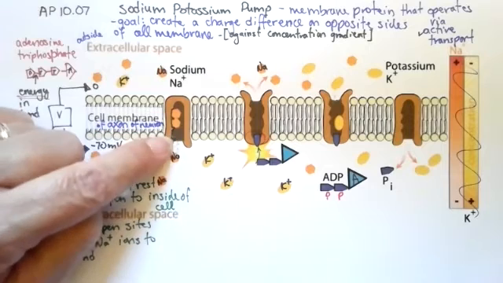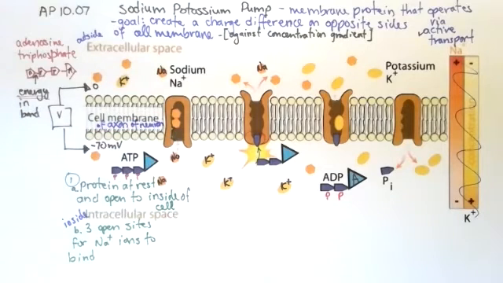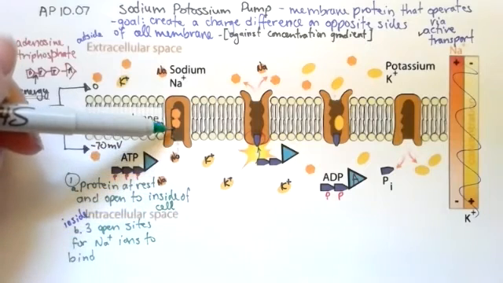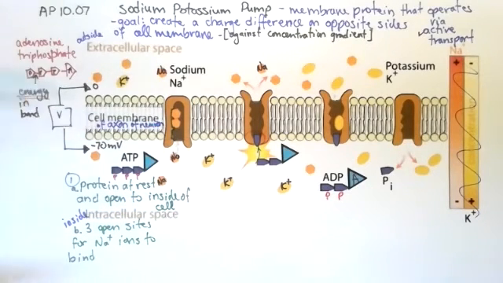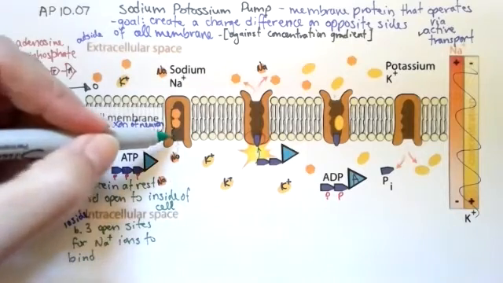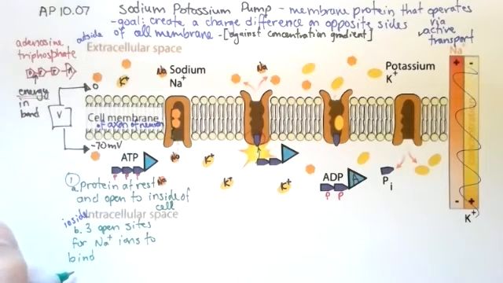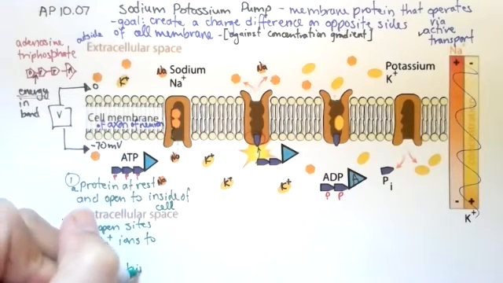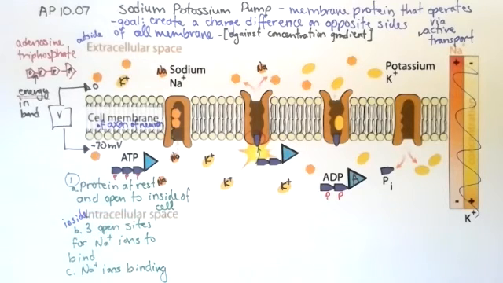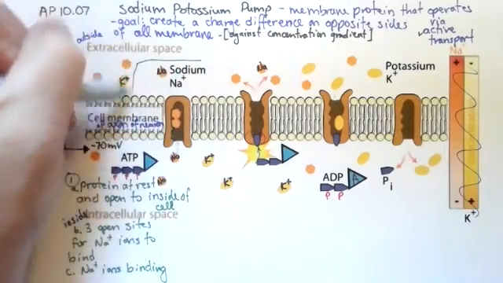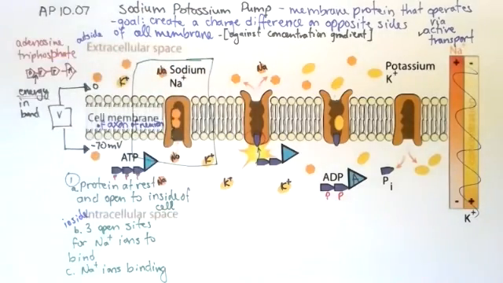And what we see happening right now is we see the sodium entering into the membrane protein, into the sodium potassium pump, and binding to those sites. So what we actually have happening here is sodium ions are binding. That's what's actually going on in step 1. And I'll outline that in green.